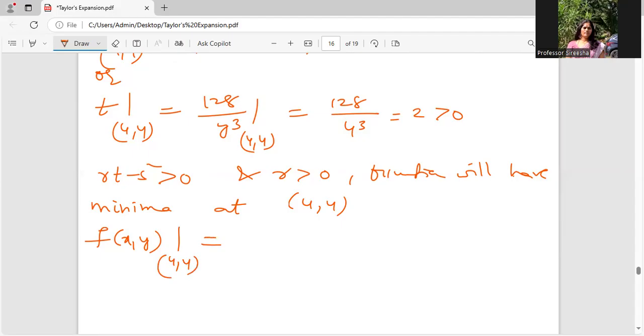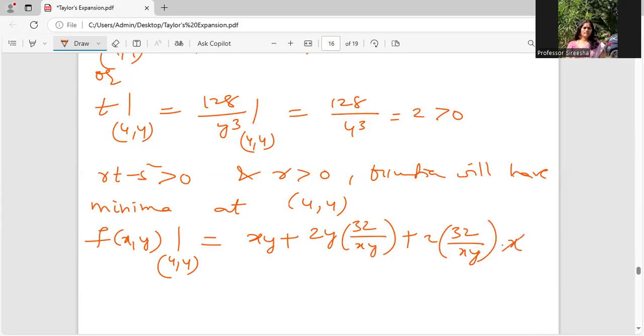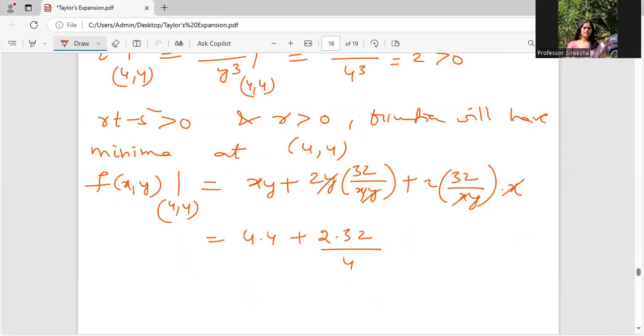Now what I have, the function is xy plus 2y into 32 by xy plus 2 into 32 by xy into x. Of course, I have cancelled out certain things. Now, I'll be putting the point 4 comma 4 where x is 4 and y is 4. 4 into 4 plus 2 into 32 by 4 plus 2 into 32 by 4.